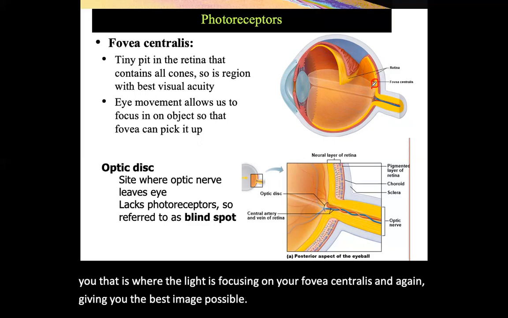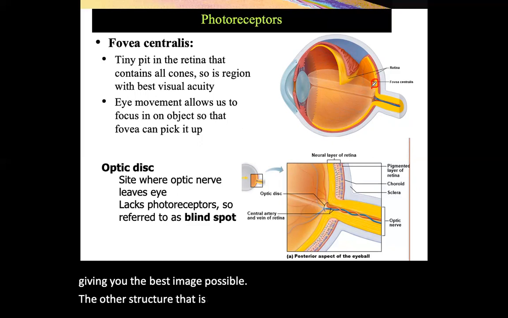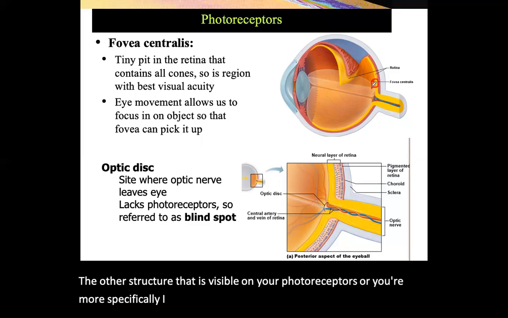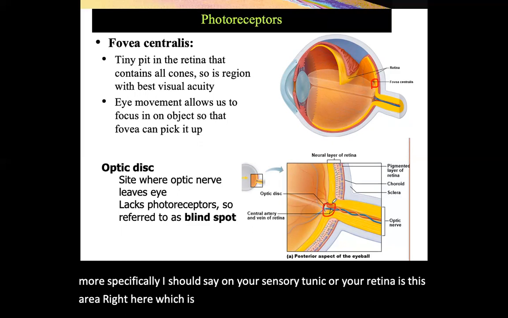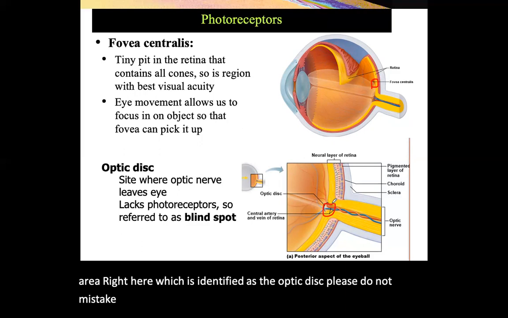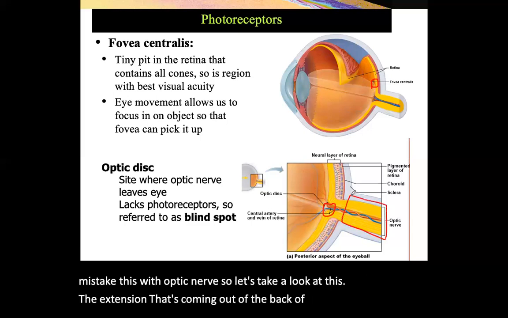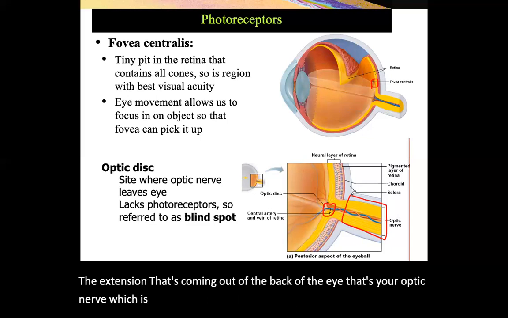The other structure that is visible on your photoreceptors, or more specifically, I should say, on your sensory tunic or your retina, is this area right here, which is identified as the optic disc. Please do not mistake this with the optic nerve. So let's take a look at this. The extension that's coming out of the back of the eye, that's your optic nerve, which is the collection of the axons of the ganglions.